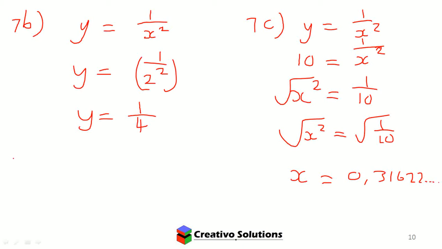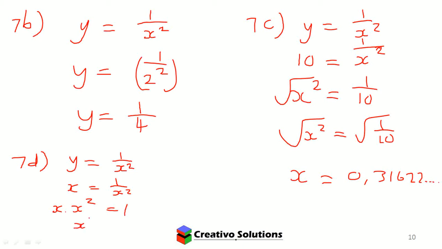7D says, find x when y equals x. So we've got y equals 1 over x squared. That's the equation. Then they say find x when y is x. So I'll have x equal to 1 over x squared. Then I'll have x times x squared equals 1.